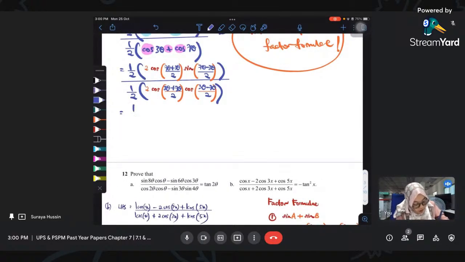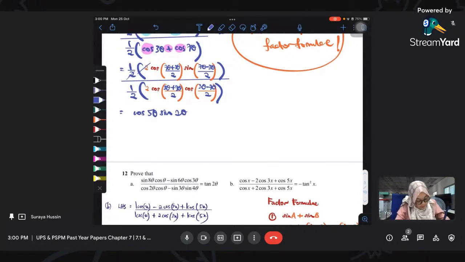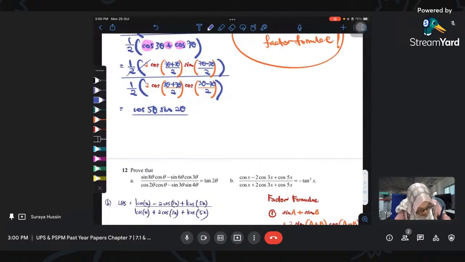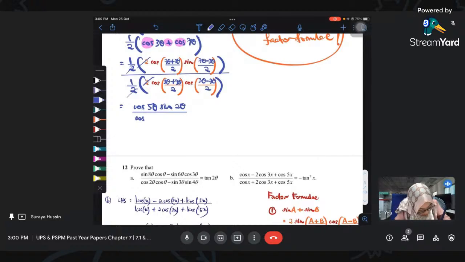Okay, dekat sini kamu faham dah. You can cut the 2 times 2 divided by 2 is 1. And here goes your answer. Cos 5 theta sine 2 theta divided by cos 5 theta cos negative 2 theta.